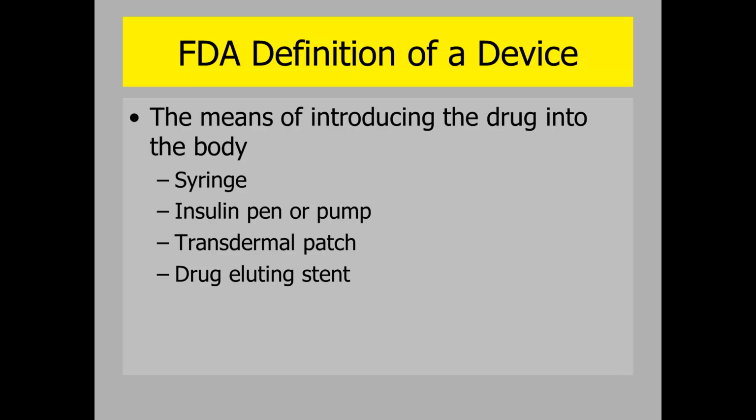And they define a device as a means of introducing a drug into the body. So a disposable syringe would be a device, an insulin pen or pump would be a device, a transdermal patch, a drug-eluting stent that you would put into a blood vessel that would slowly leak drug into the vessel, that would be a device.